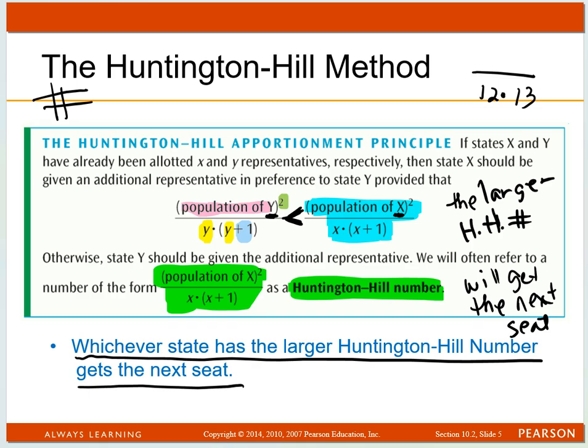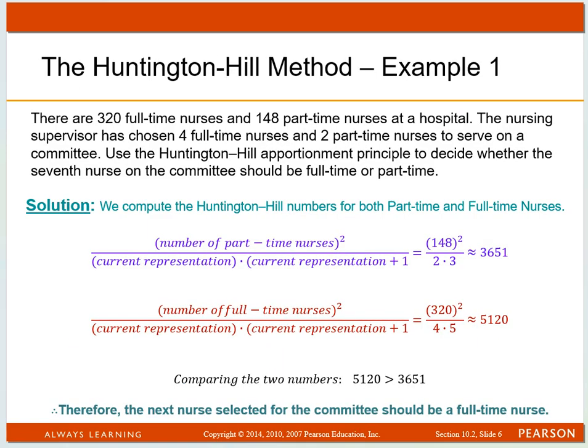All right, let's look at an example. All right, there are 320 full-time nurses and 148 part-time nurses at some hospital. And the nursing supervisor has already chosen 4 full-time nurses and 2 part-time nurses to serve on a committee. Use the Huntington Hill apportionment principle to decide whether a 7th nurse put on the committee should be either full-time or part-time.